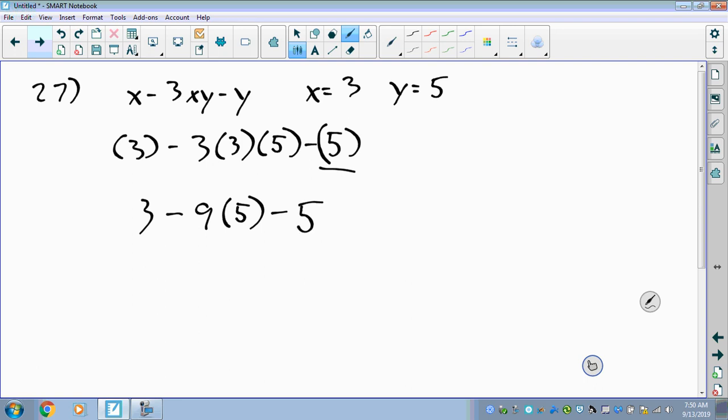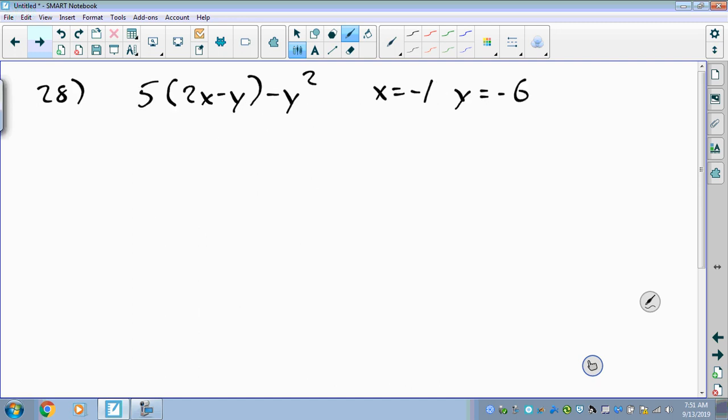Drop the parentheses, okay? Again, what else do we have to do? Multiply, right? We got to multiply here before we decide to subtract, okay? So this is 3 minus 45 minus 5. Well, 3 minus 45, sorry, it's going to be -42 minus 5. -42 minus 5, -47.